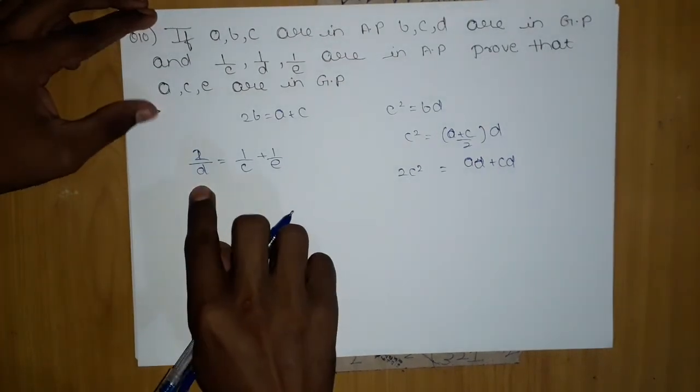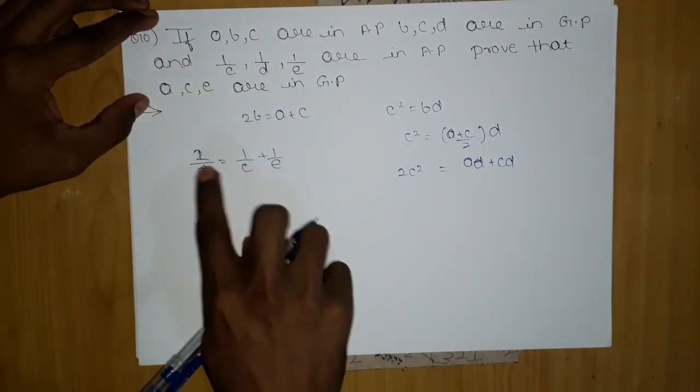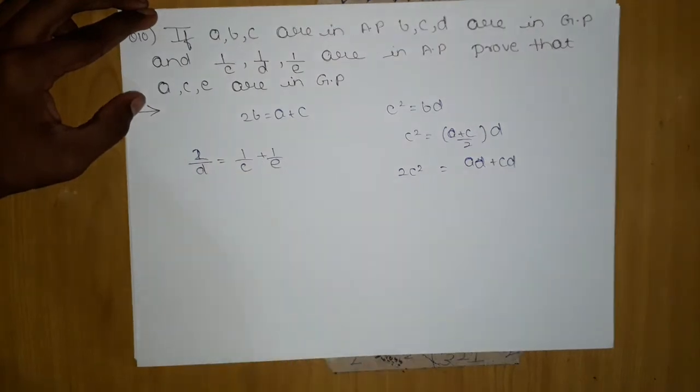Now I want to eliminate D. Here there is no D, so if I eliminate D from here, I have a probability of getting this.